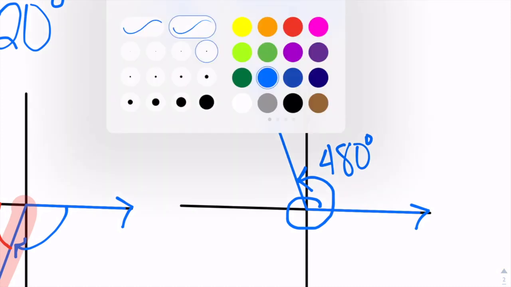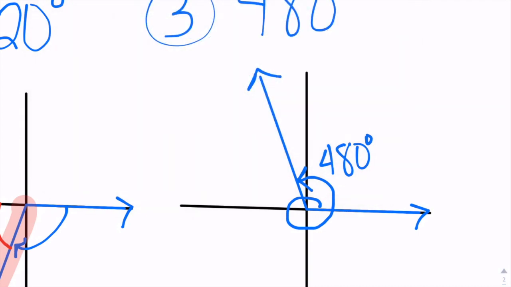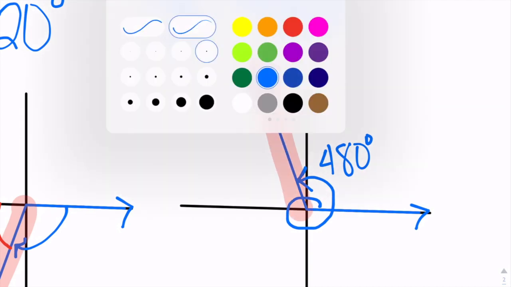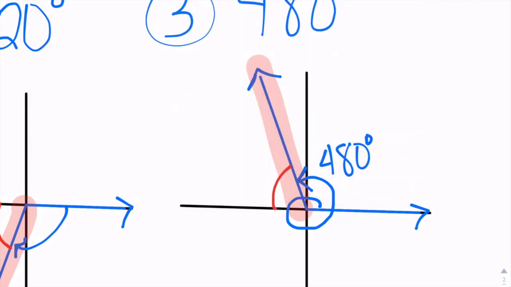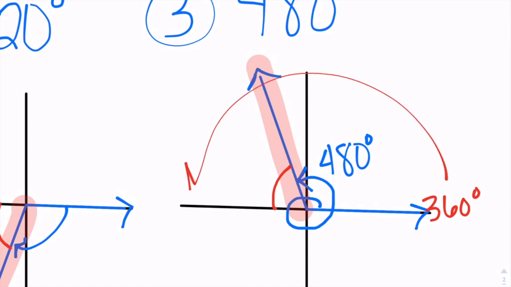And so we want to think, how far are we from the terminal side right here to the x-axis? So it's this angle right there. And so if we were to go from 360 over here, if we went all the way around, and then go another 180 degrees around, that's going to get us to 540 degrees.